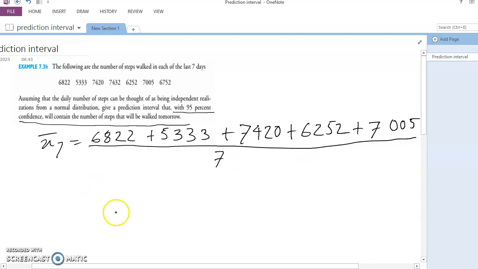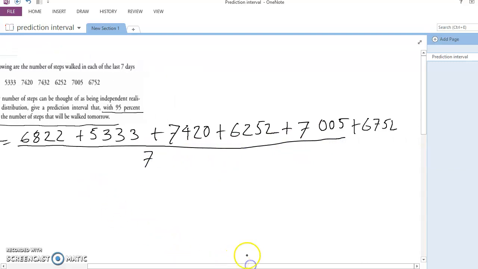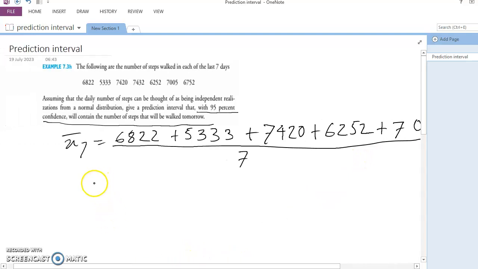Whatever value I get, that value is 6,716.57.